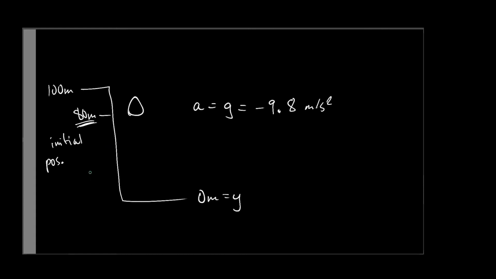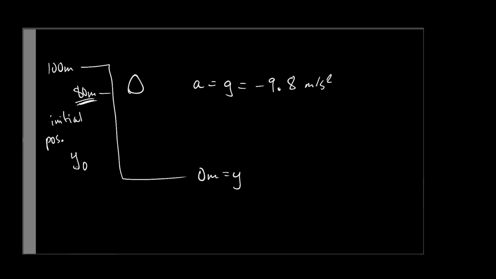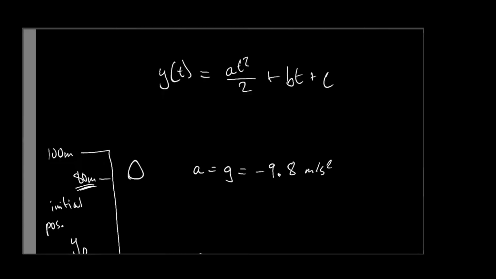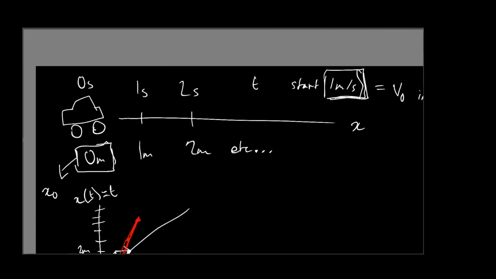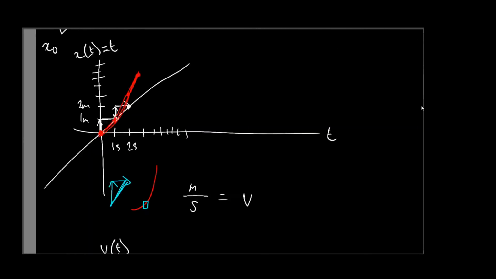Doesn't change. So we call this the initial position. And in this case, we write it as y naught, with a little 0 subscript. And if it were on the x-axis, it would be x naught, as was the situation with the car. The 0 here was our x naught.